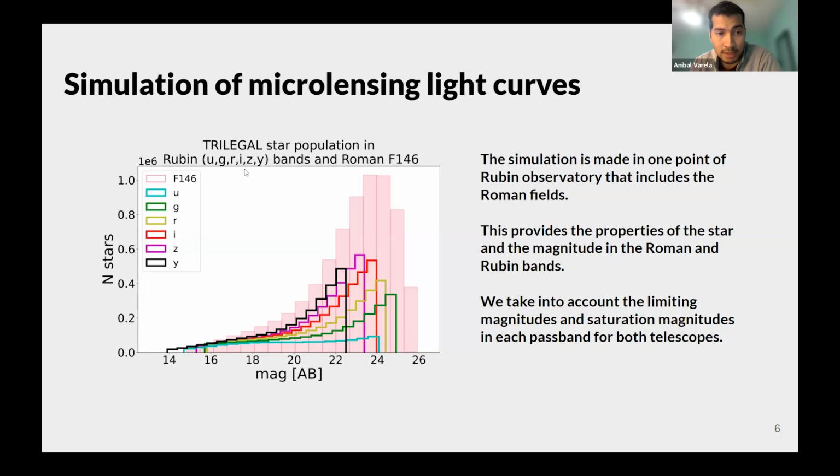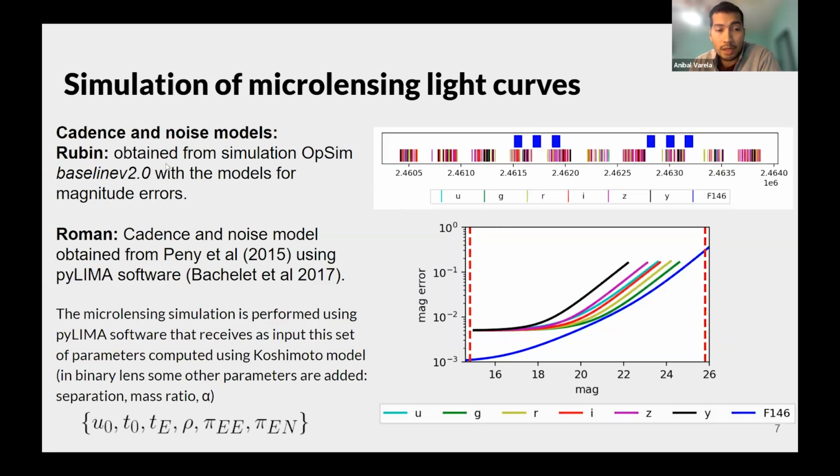We start using the TRILEGAL simulation for the sources, simulating sources in the Roman region, and using the OpSims, we compute the scheduled observations that Rubin will make, and we have the information about the cadence of Roman and approximately the date when it will start its observations.